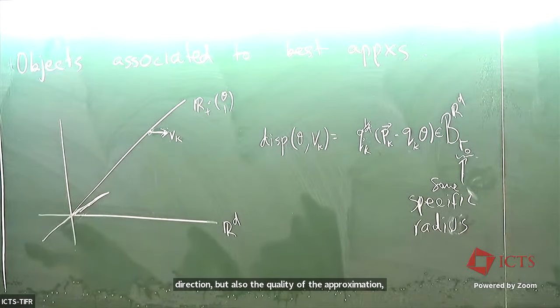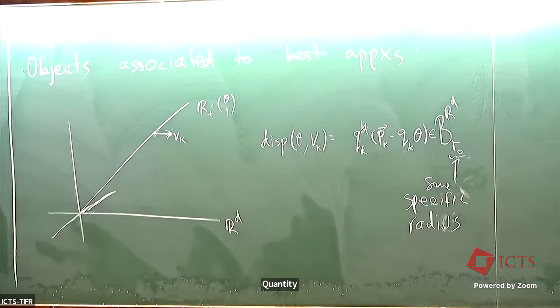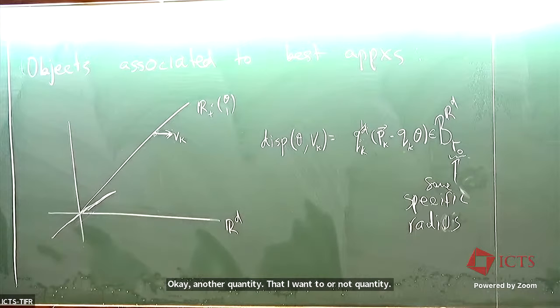Another quantity that I want to, or not quantity, this one was a vector, which gives me some geometric information about the approximation.